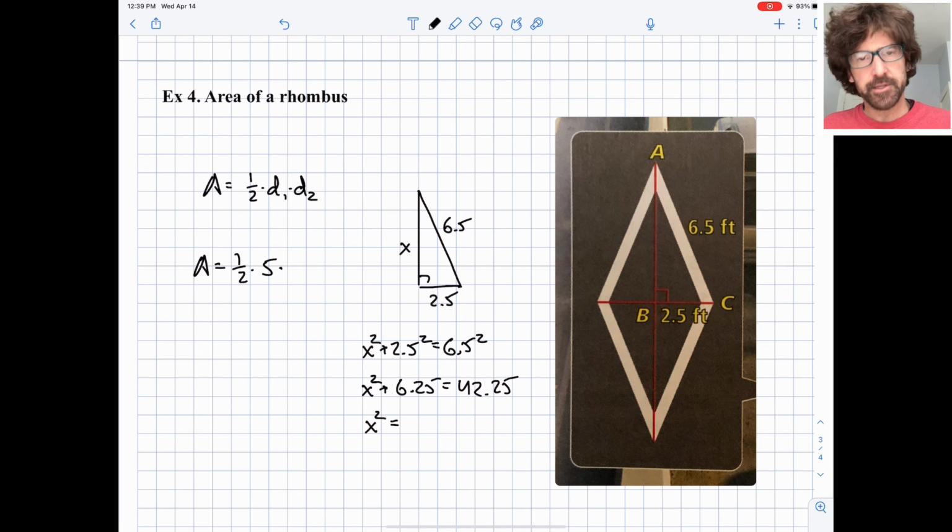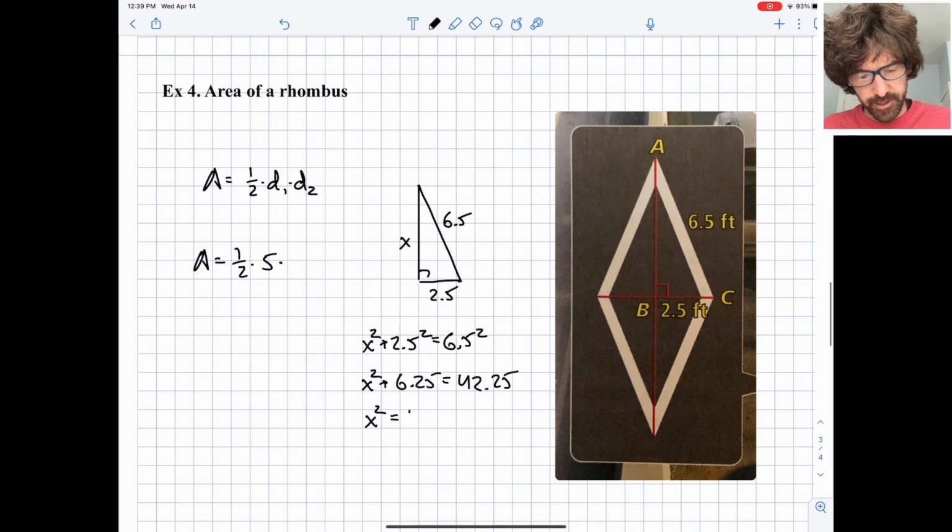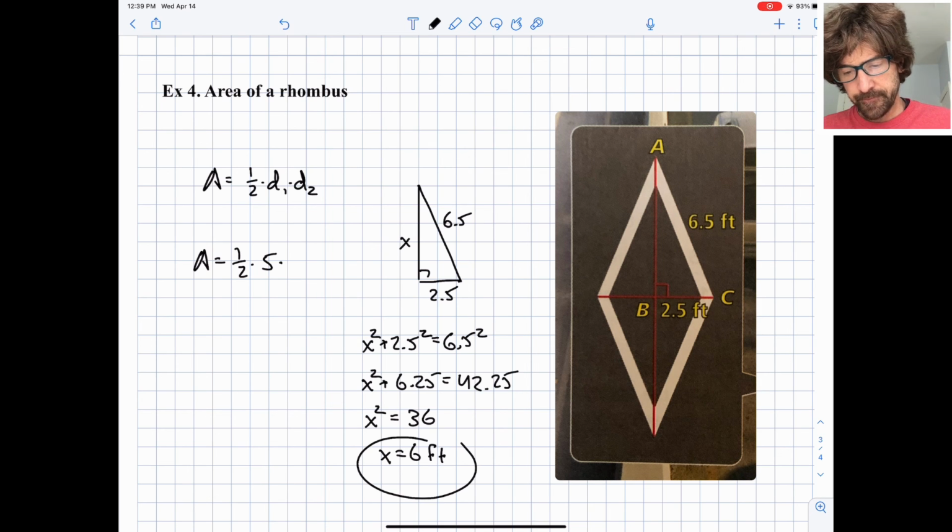Once we subtract 6.25 from both sides, x squared is 36. So x is an exact 6 feet. Okay, so I hope you can tell that this distance, which I'll try to highlight in red right here, is 6 feet, so the entire diagonal is 12 feet.